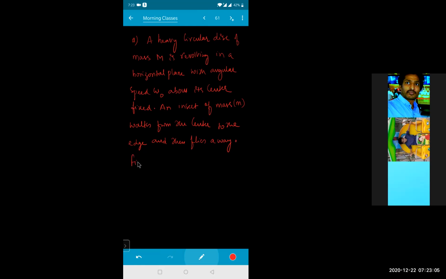Find the final angular speed of the disk.